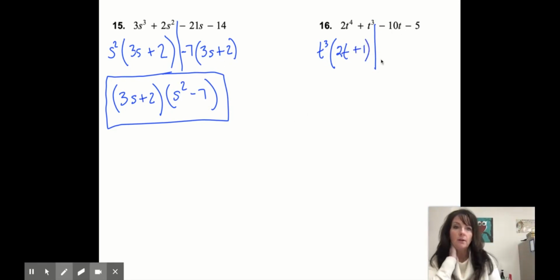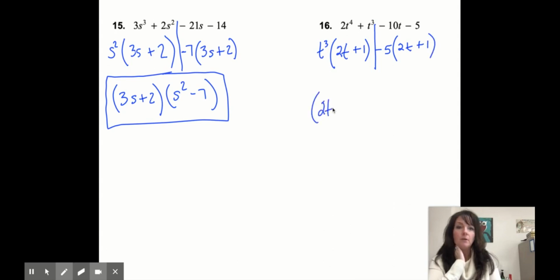Over here, we can factor out a -5, and that would leave us with positive 2t and a plus 1 here. So my factors are going to be the common one, 2t plus 1, and what I pulled out, t cubed minus 5.